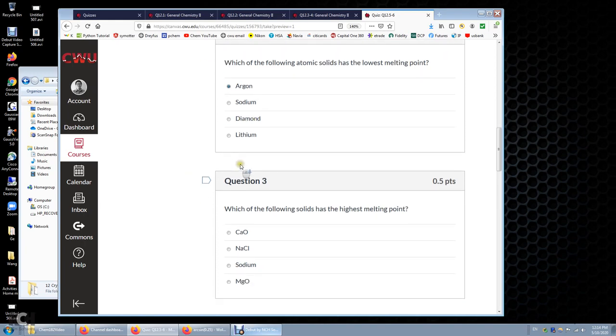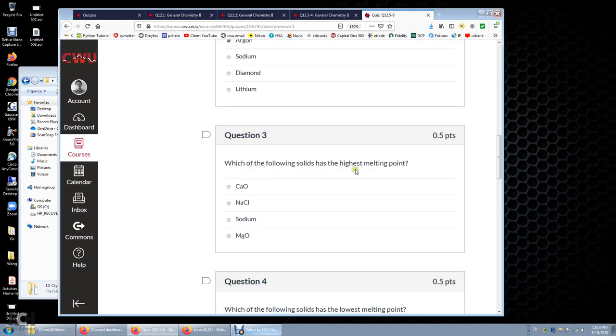Okay. Which of the following solids has the highest melting point? Okay. Ionic, metallic. So pick ionic. 1, 2, 3. And then look for the charges. Which ionic compounds give you the highest charges? These two. Calcium oxide, magnesium oxide. So there's a tie.